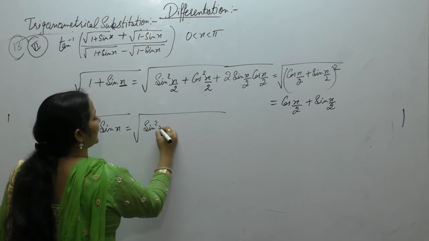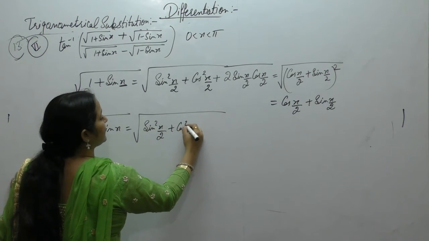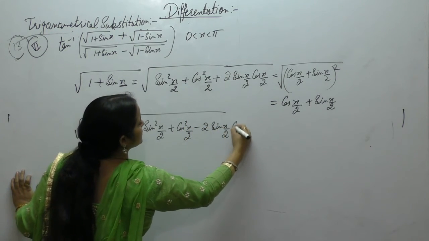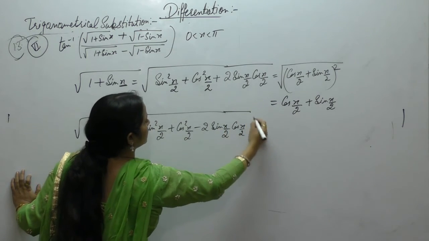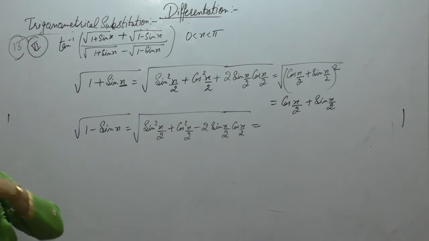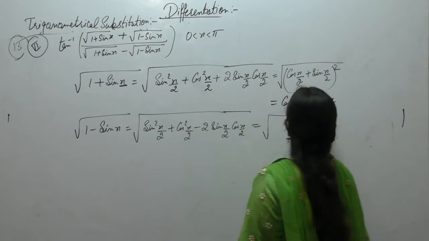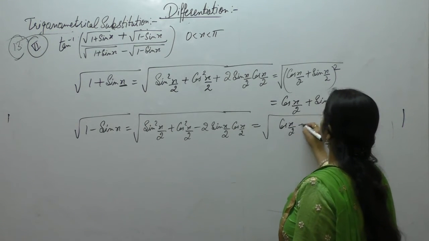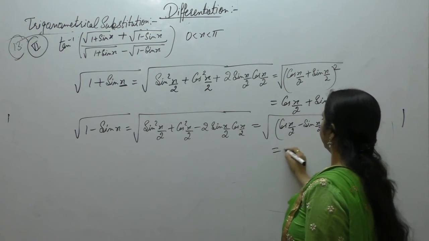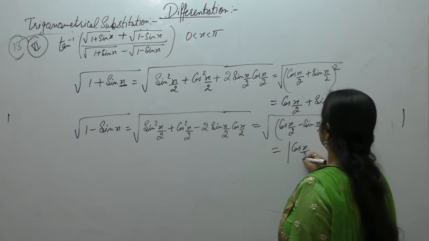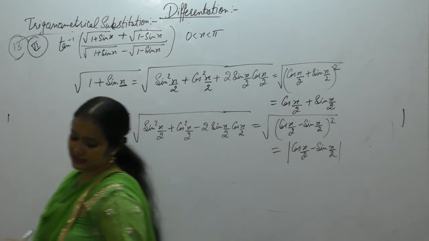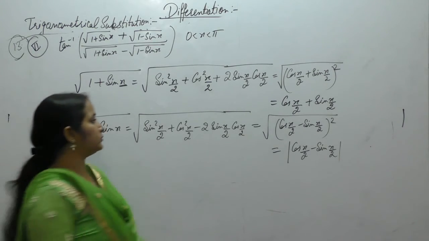sin square x by 2 plus cos square x by 2 minus 2 sin x by 2 cos x by 2. We can write it as (cos x by 2 minus sin x by 2) whole square. So we get it as cos x by 2 minus sin x by 2.